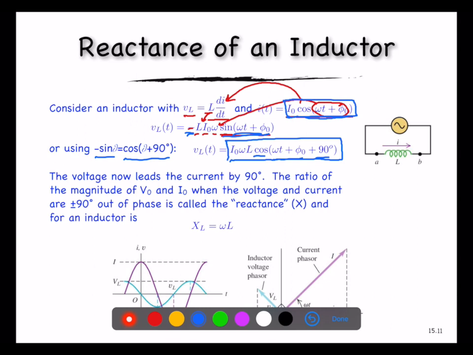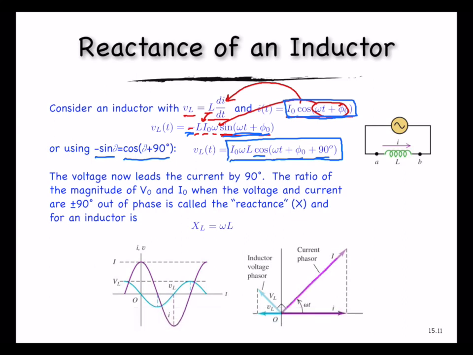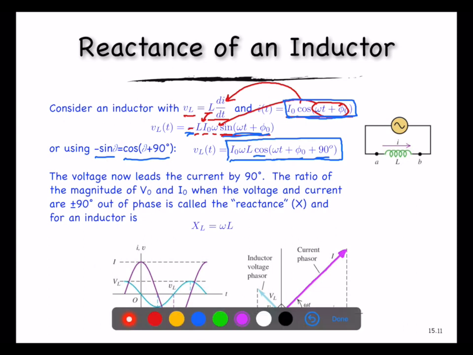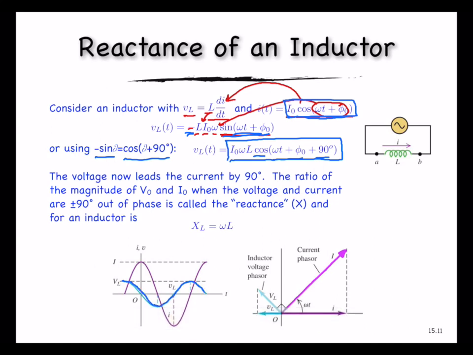So if our current at some moment in time is represented by a phasor with a certain length, I'll draw it in magenta here on my phasor diagram, then the voltage is going to have a particular length for its phasor corresponding to the height of the voltage on my voltage versus time graph.